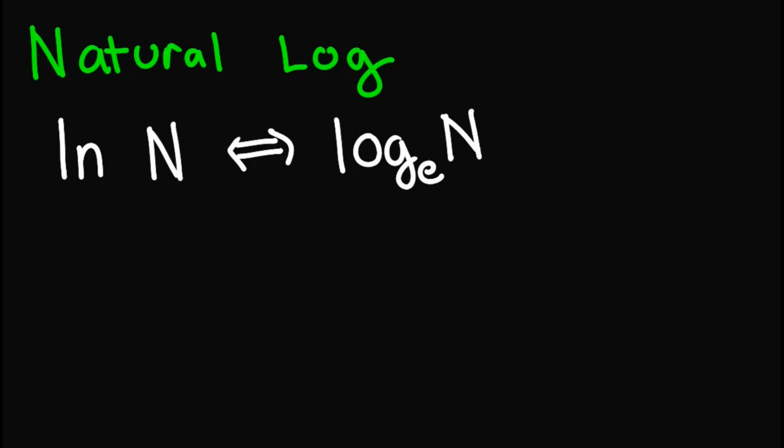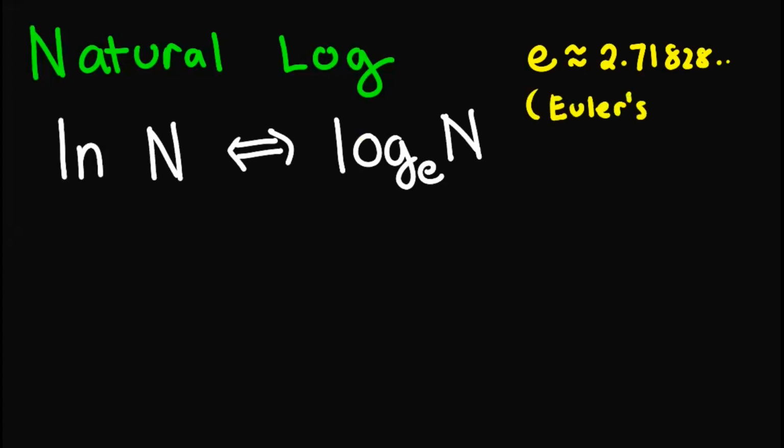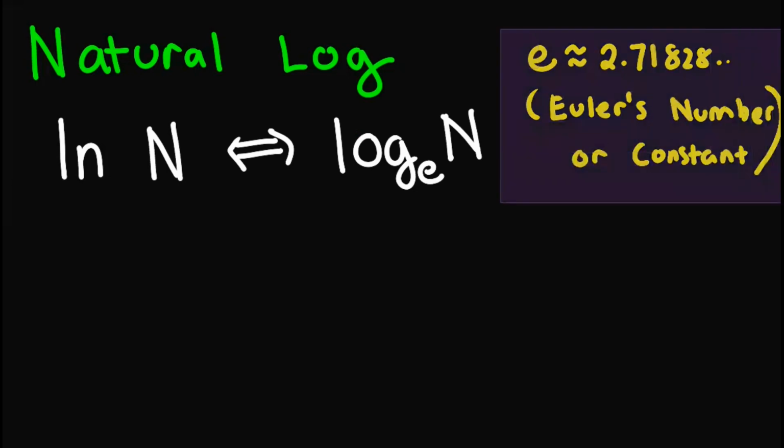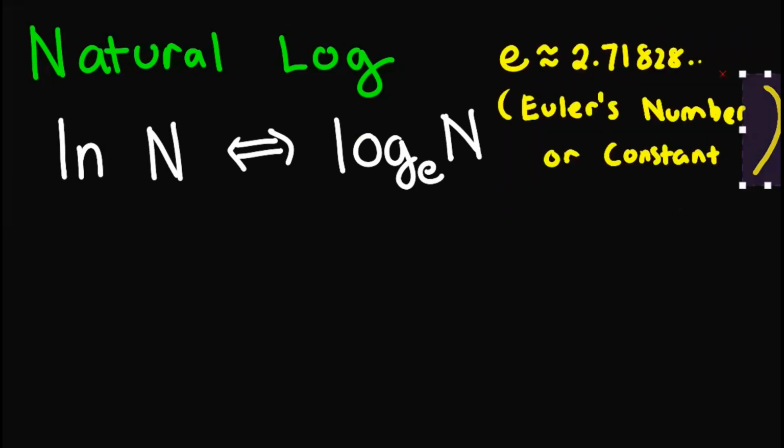What is e? E is approximately 2.71828, and this is called Euler's number or constant. There. So that is the representation of e.